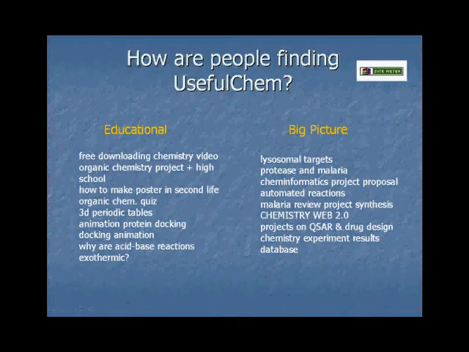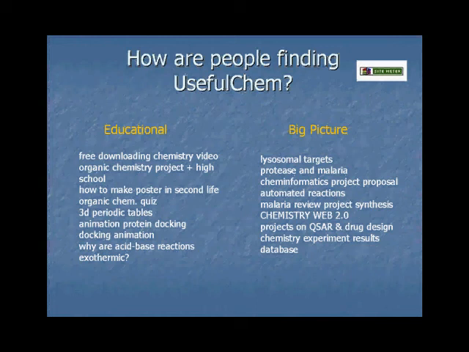All right, I'm moving on to the next slide, which is a little bit broader. There's a lot of people searching for educational material. So, organic chemistry quiz, 3D periodic tables, things like that. So there's all kinds of educational hits. And there's also a lot of big picture type searches, like protease and malaria, automated reactions, chemistry web 2.0.